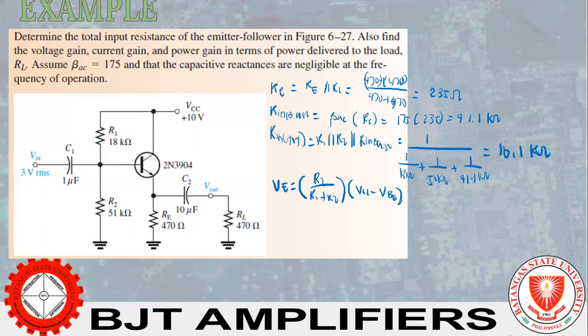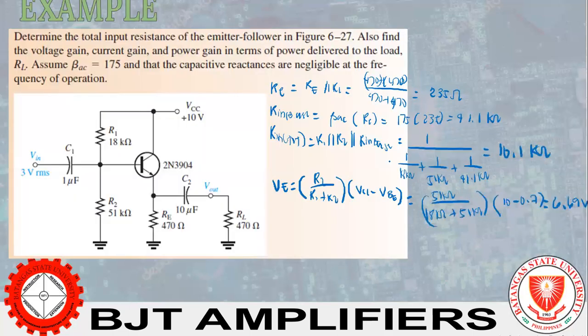So siya kay 51 kilo ohms over 18 kilo ohms plus 51 kilo ohms times 'yung VCC natin na 10 minus 0.7. So, sagot din is 6.69 volts. Okay?